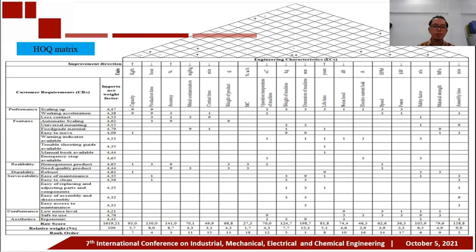Why is the dimension of machine the highest ranking? Maybe from the customer's desire to increase production capacity, the capability of the noodle untangling and cutting machine to be installed on several types of noodle extruder, and its portability.